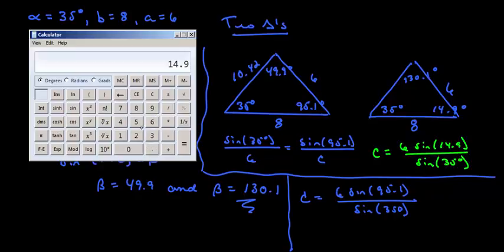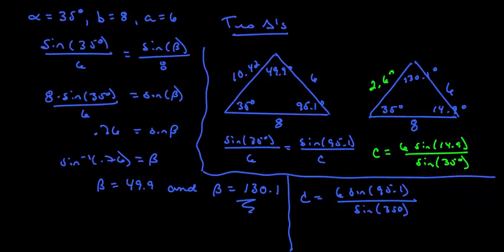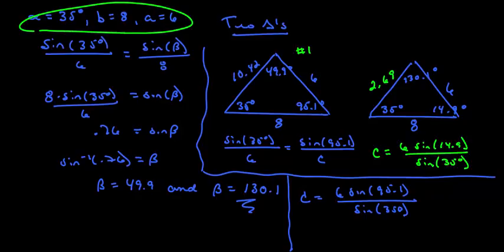So 14.9, the sine value of that, multiplied by 6, divided by the sine value of 35, and that gives me 2.69. So with this given information, there are two possible triangles. Triangle number 1 and triangle number 2.